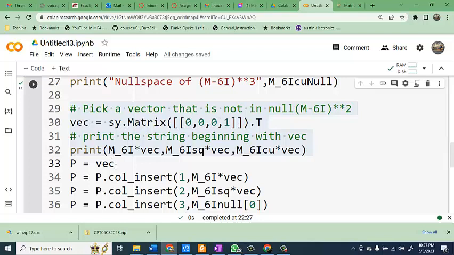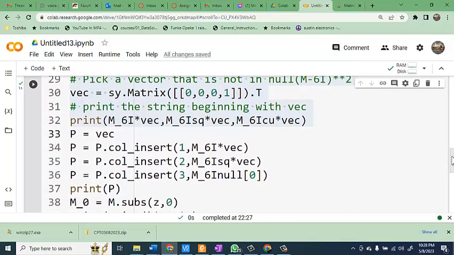Then the first vector it goes to in the string is this vector here. Next vector in the string it goes to is this vector here. Next one is this vector here. Because this is the null space.